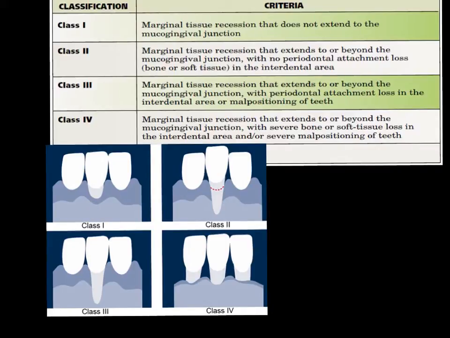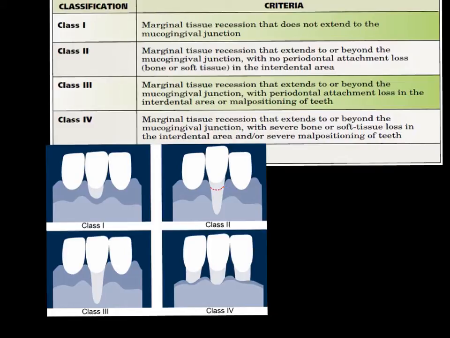While in Class 2, the marginal tissue recession extends beyond the mucogingival junction with no periodontal attachment loss. We have recession here, but without the loss of bone or soft tissue in the interdental area. The interdental areas are intact.